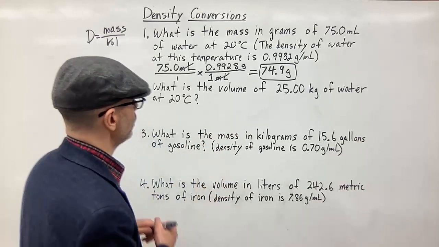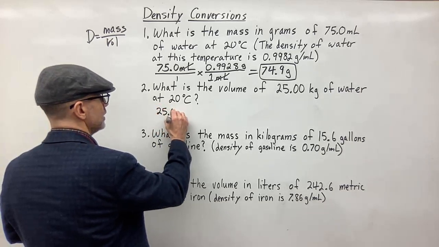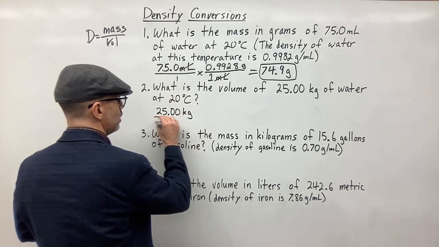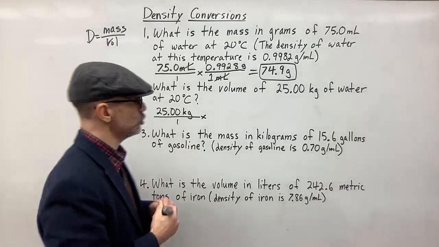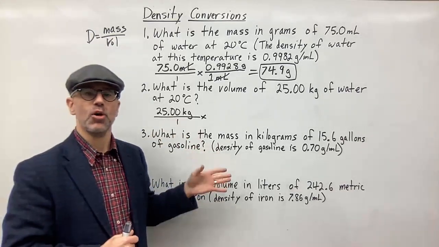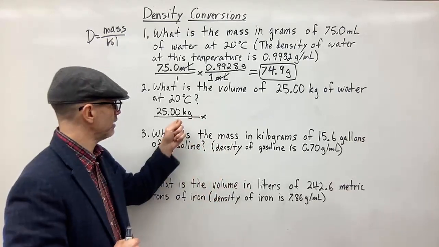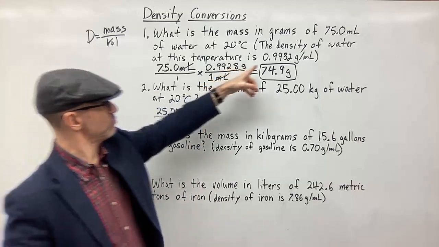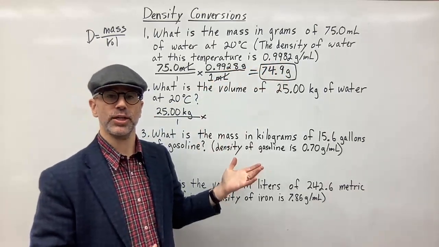So we're going to start with 25.00 kilograms of water. And then we're going to convert this to liters. So we want to get this to a volume unit. We're given kilograms. Our density is going to be 0.9982 grams per milliliter.